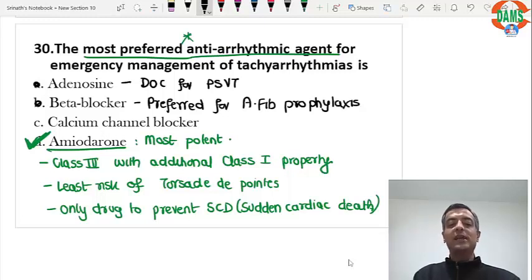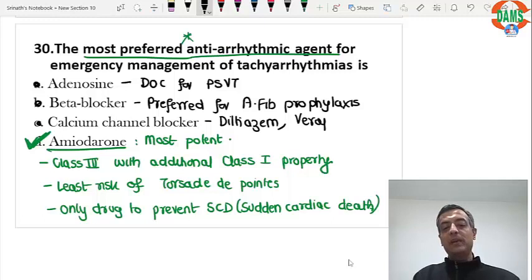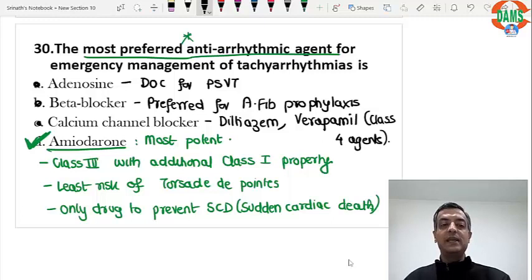And calcium channel blockers, that is non-dihydropyridines, diltiazem and verapamil, also belong to the class 4 anti-arrhythmic drugs. But the single best for emergency is to go for amiodarone.